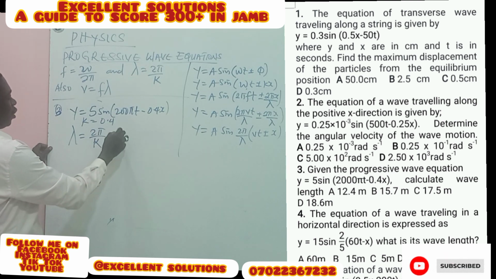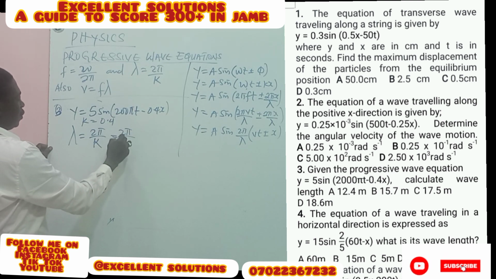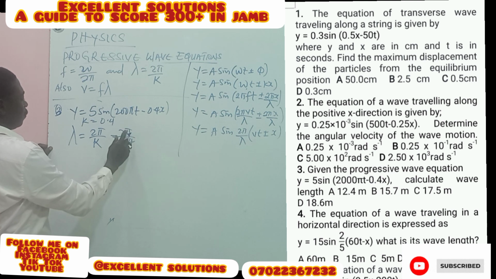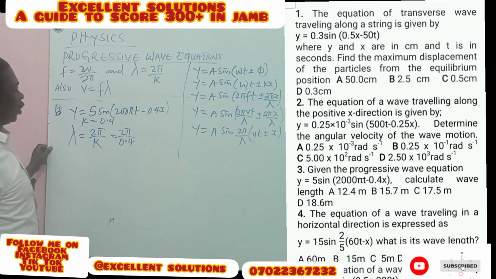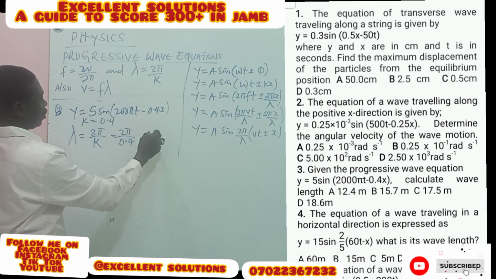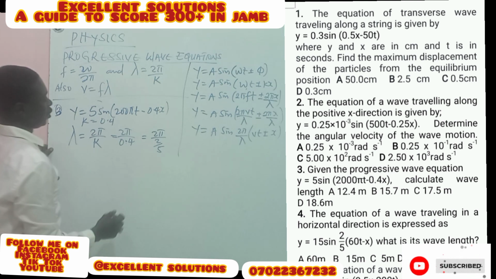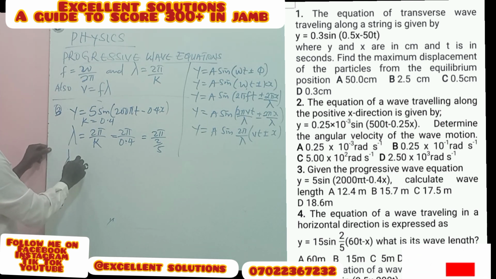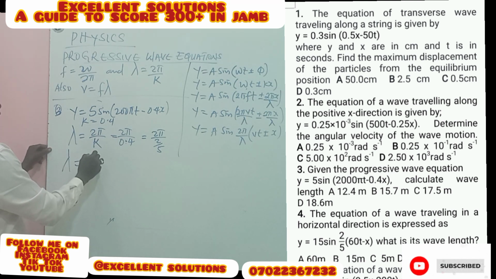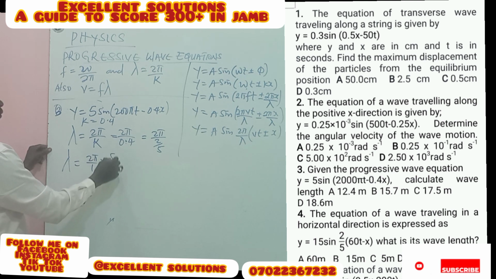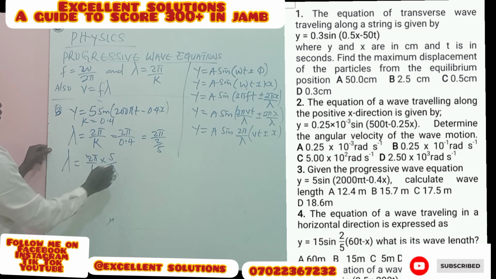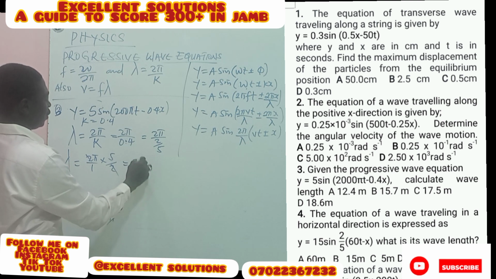So this now becomes 2 pi upon 0.4. And you know 0.4 is the same as 2 upon 5. So this now becomes 2 pi upon 2 upon 5. So this now becomes lambda equals 2 pi upon 1 times 5 upon 2. 2 cancels 2 and is equal to 5 pi.